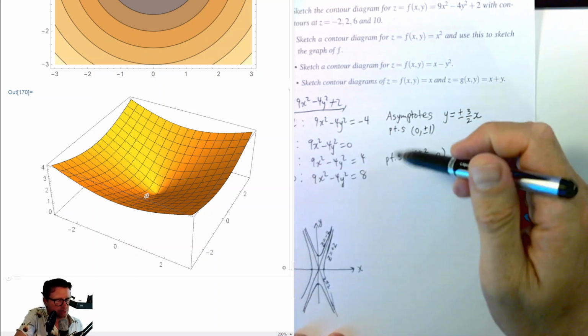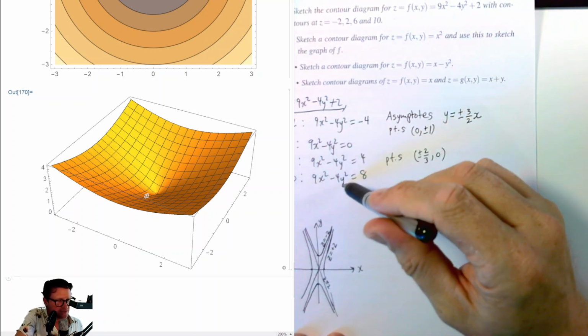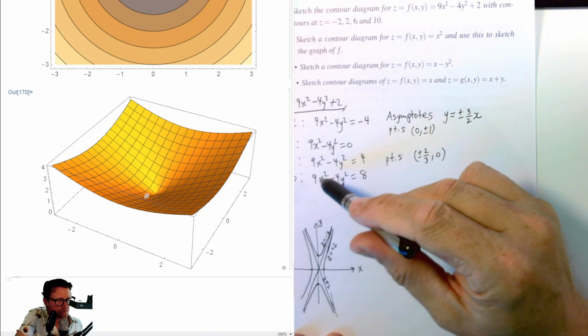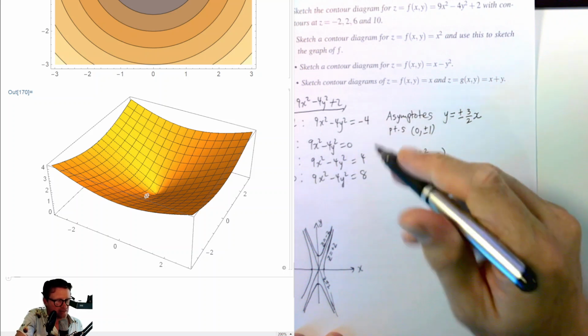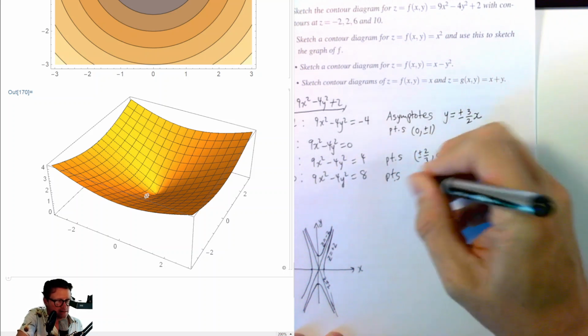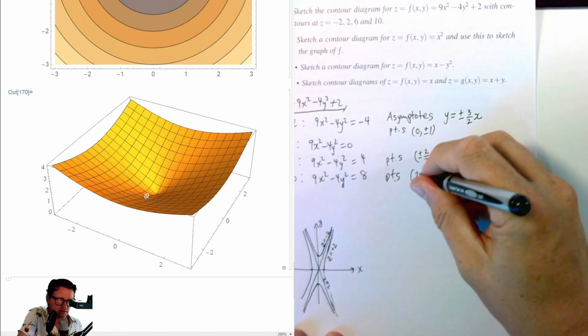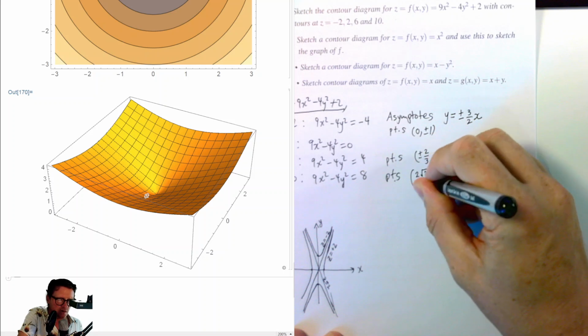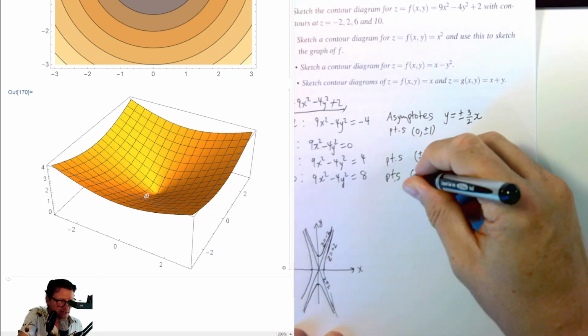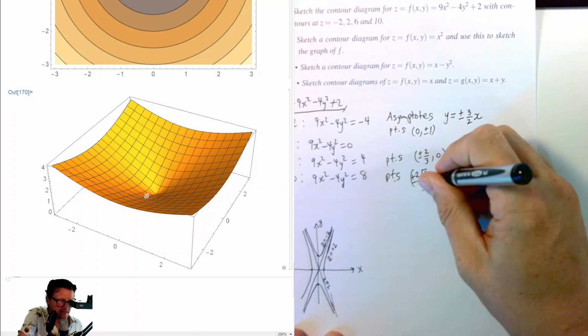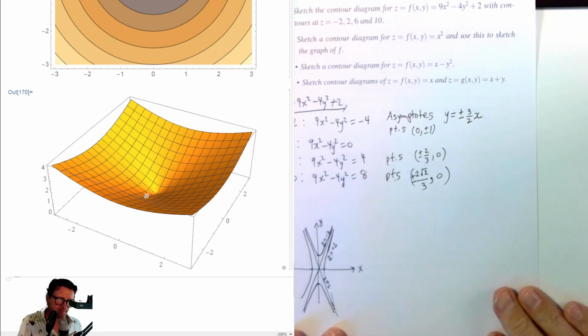Okay, so that has points. If we put in 0 for y, then we've got x squared is 8 over 9. Taking square roots, the square root of 8 is 2 root 2. So 2 root 2 over 3. And we've got plus or minus that, and then 0 for y.